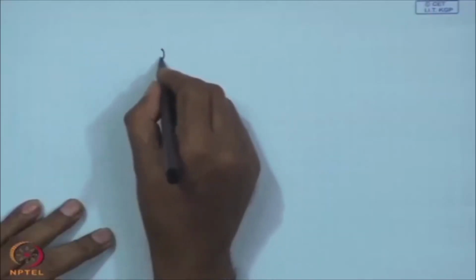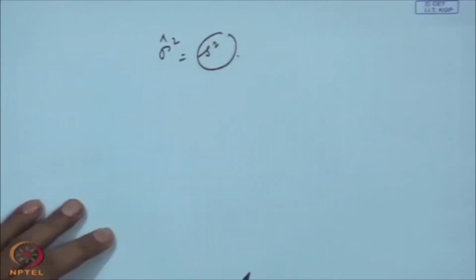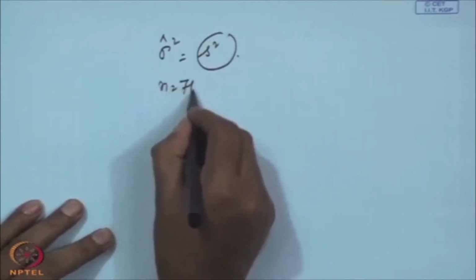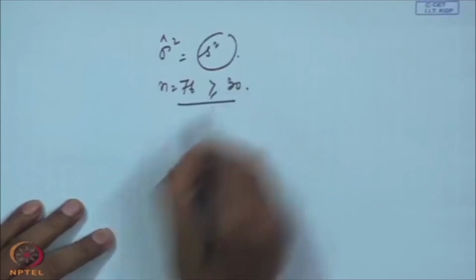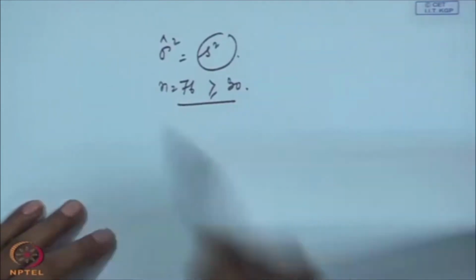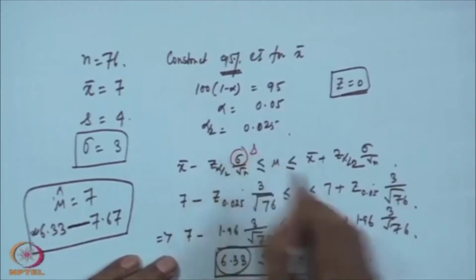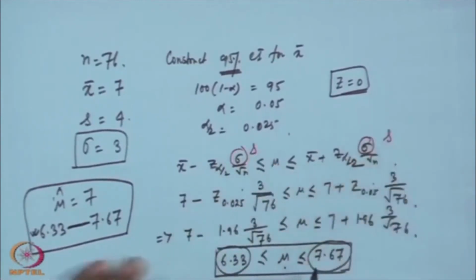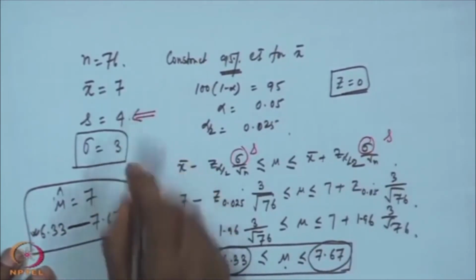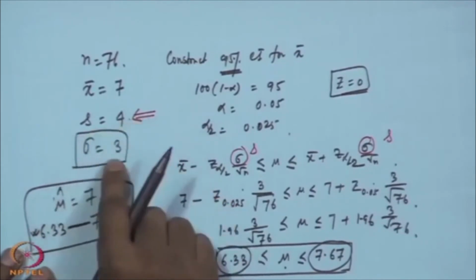Here the sample size is 76, which is a large sample because it is greater than 30, so you can still use the Z distribution, but instead of sigma you use S. In the given problem, sigma and S are not the same: S is 4 and sigma is 3.